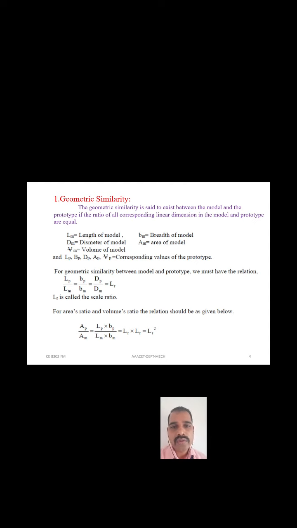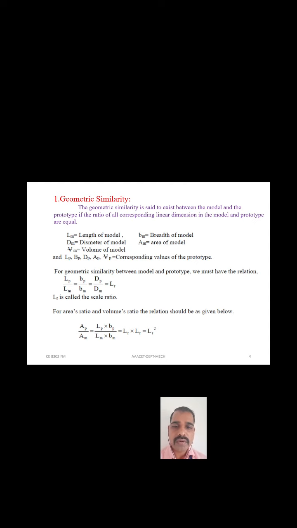So LR equals LP by LM, which is equal to the breadth of prototype by breadth of model, and the diameter of prototype by diameter of model. This is all related to length ratio.